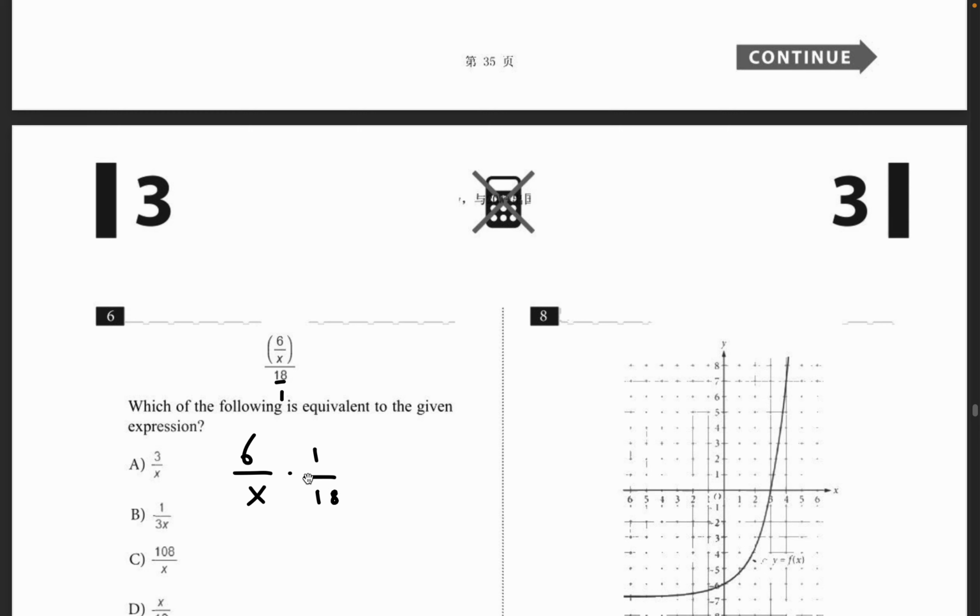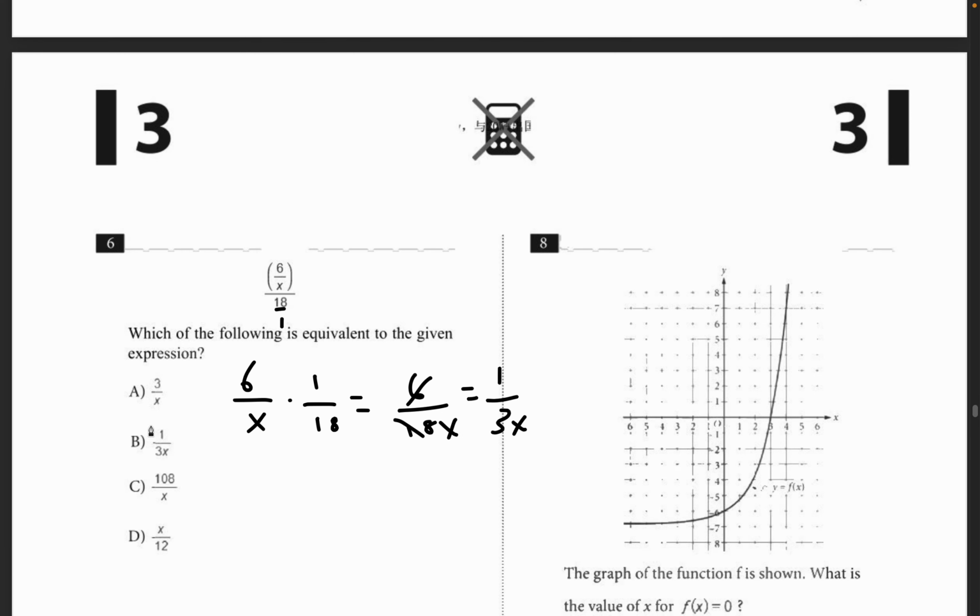So this will be 6 over 18x. Then we could simplify this further, equals 1 over 3x. They thought you were going to do 6 over x times 18 over 1, and that's how you get 108.